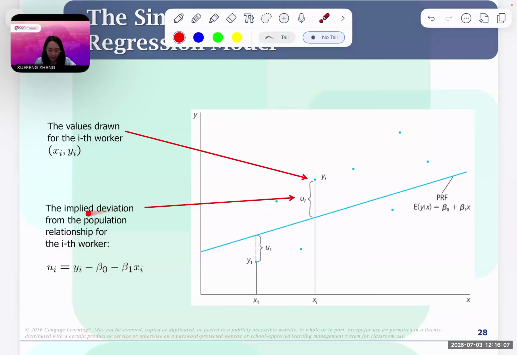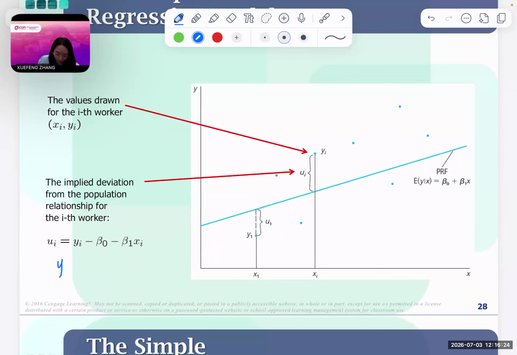This is the implied deviation from the population relationship for the ith worker. As before, the gap or the deviation mu i equals yi minus beta 0 minus beta 1 xi, because yi equals beta 0 plus beta 1 xi plus mu i. And then you just isolate mu i. Okay, you're going to get this equation.